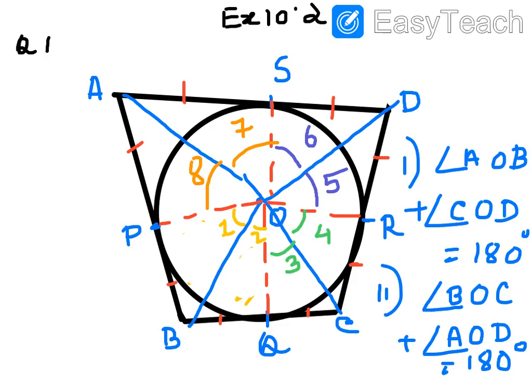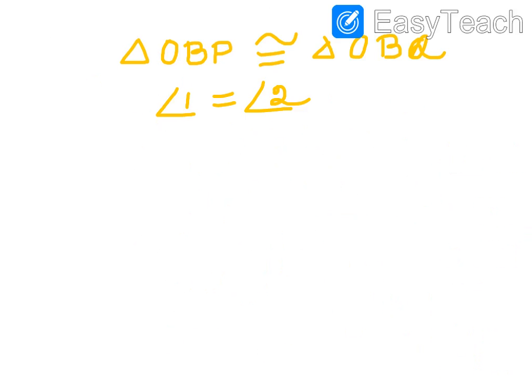So here we are getting 8 angles, 1, 2, 3, 4, 5, 6, 7, 8. 1 is equal to 2, 3 is equal to 4, 5 is equal to 6 and 7 is equal to 8. Now we know that the sum of all the angles around a point is equal to 360 degrees.